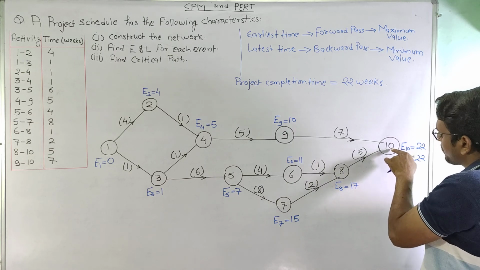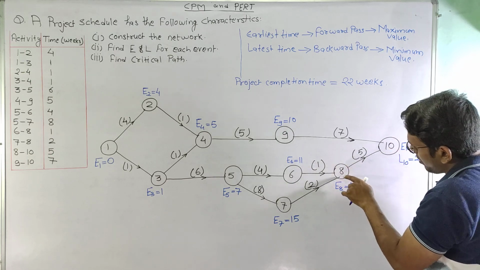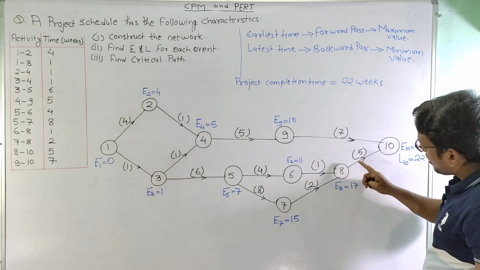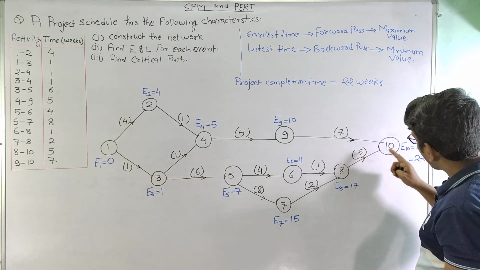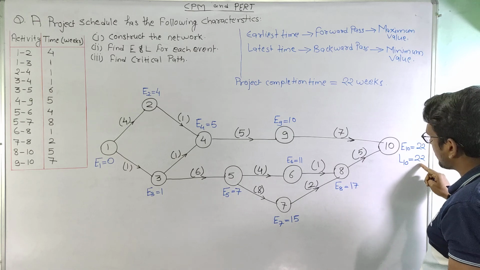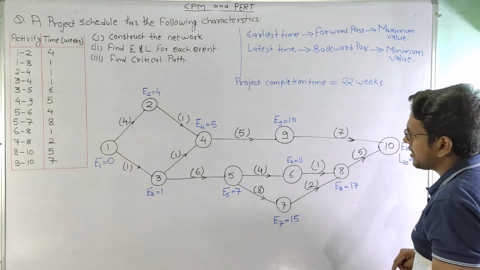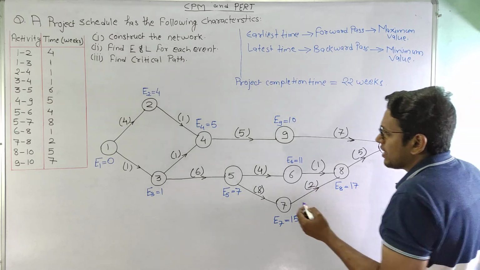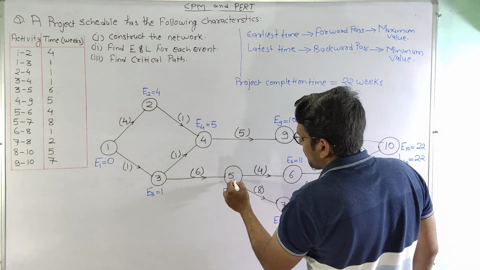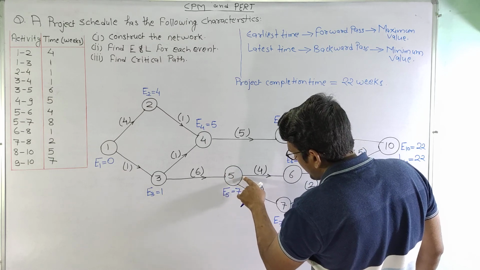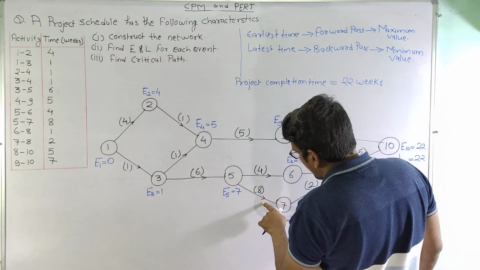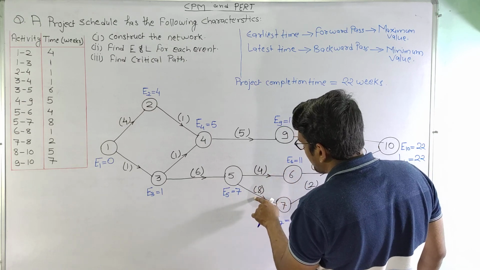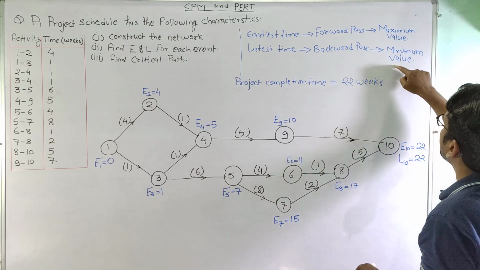Suppose we are going from 10 to 8, we can see that from 8 there is only a single outgoing arrow, so we are going to subtract this from the latest value. In the case where there is more than one outgoing arrow, as at node 5, where we can see there are two outgoing arrows, we will consider both values and then select the minimum value.